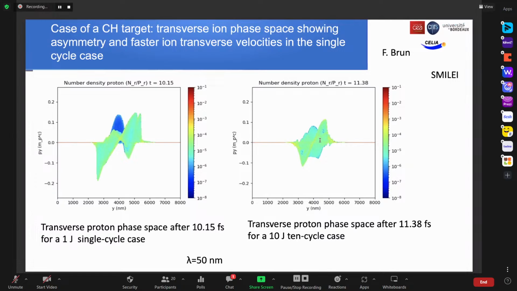But the problem here, I'm still doubtful about any scheme showing a realistic proton-boron fusion perspective, because for me there are no real paths to a real chain reaction like you can have for DT, where you liberate alphas, and the alphas heat and are able to launch new DT fusion reactions.